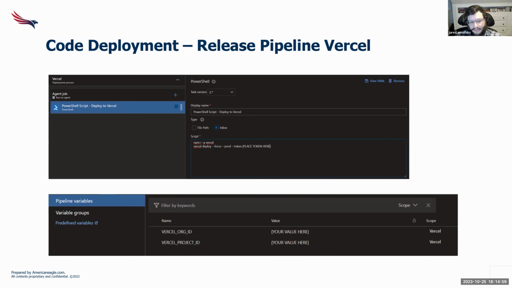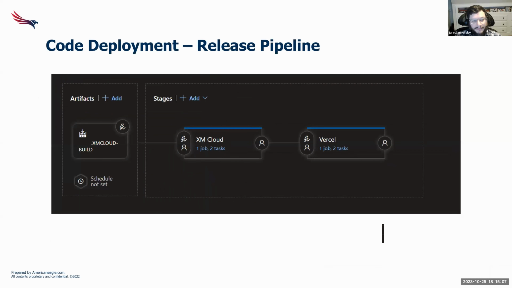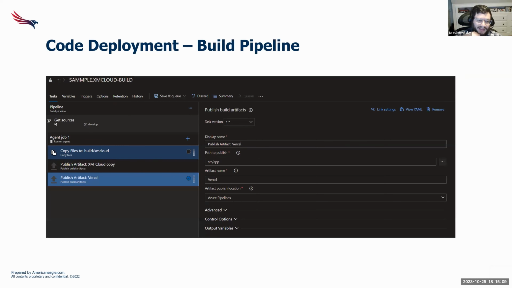But still, the package for Vercel is still from our repo itself, right? Yeah, so the repo itself has everything in it. If you base it off of the Sitecore XM Cloud starter repo, I mean, you don't have to do it this way, but it's what Sitecore recommends.